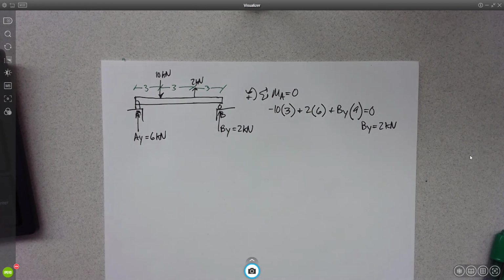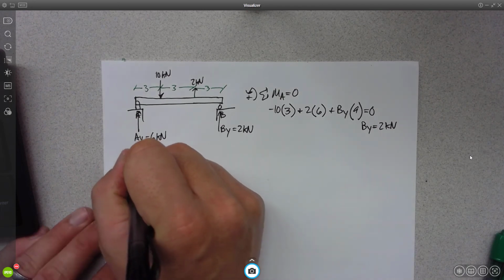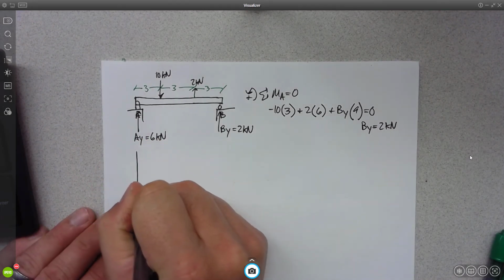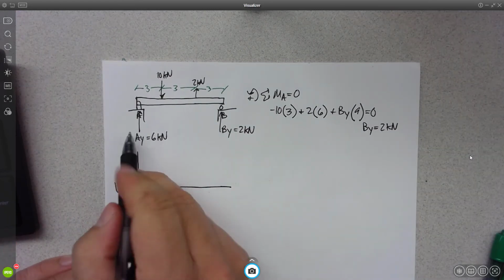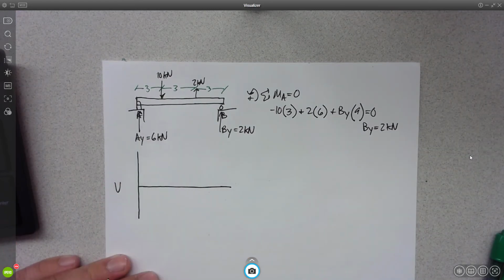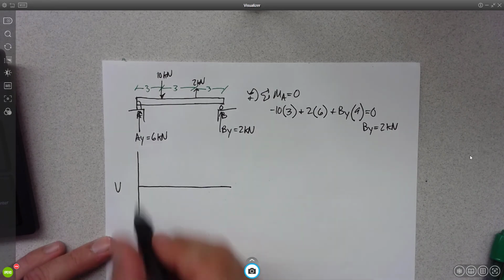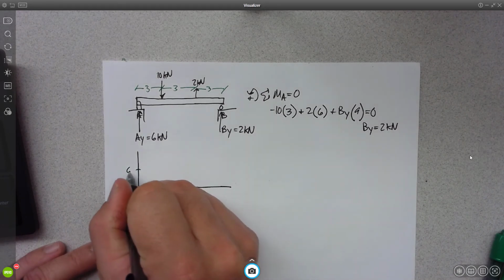Everyone good with that? Okay. So now, I take my graphical approach to shear. If I have an arrow that points up, I jump up that much. So I'm going to jump up to 6 right off the bat.